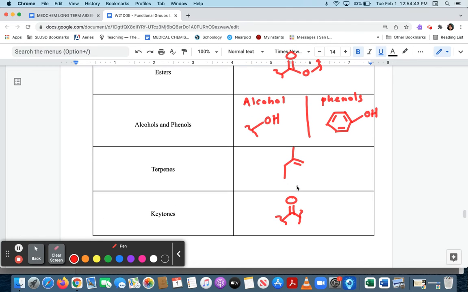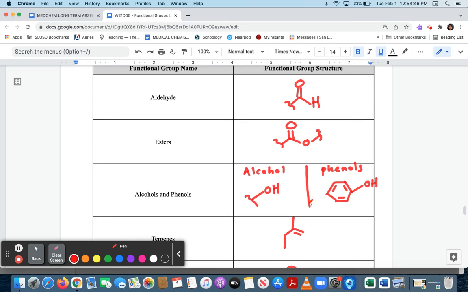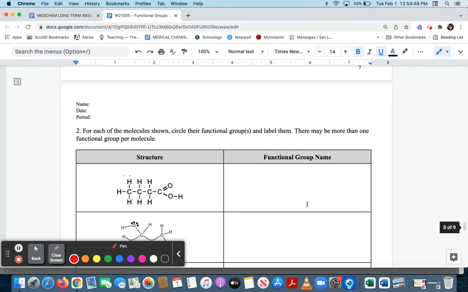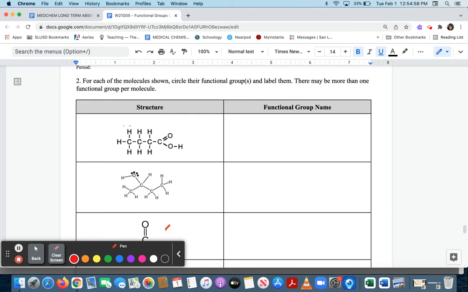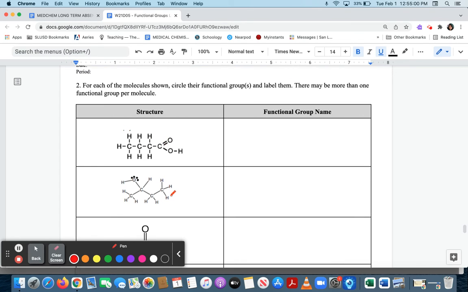So, given a summary of what happened in the lab, your goal down here is to identify which functional group or functional groups, plural, are shown in these particular molecules. Notice some of these structures are drawn in the structural formula where we see the carbons and hydrogens.